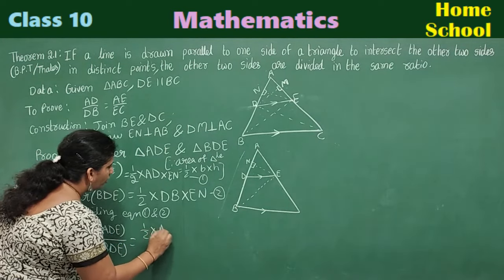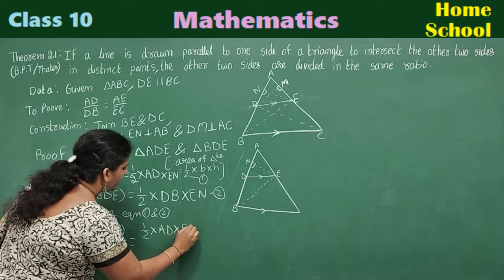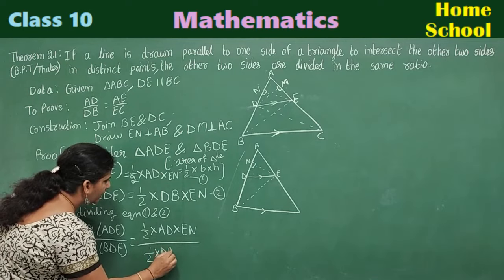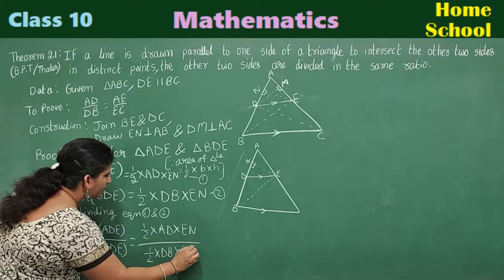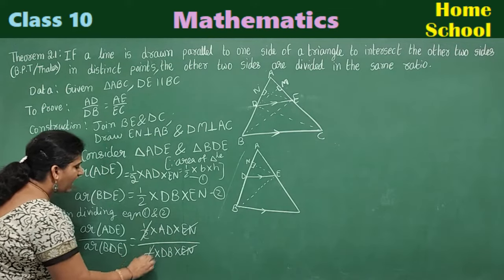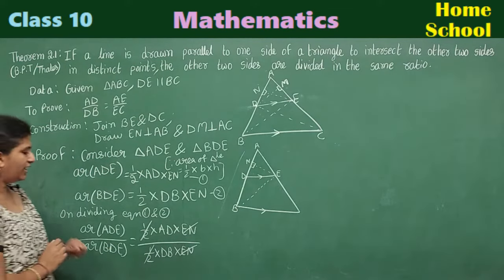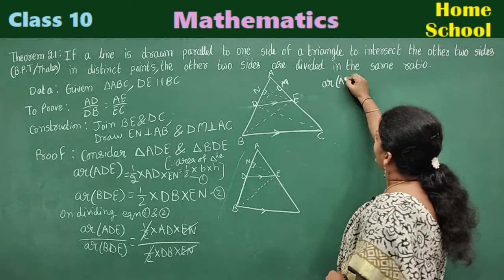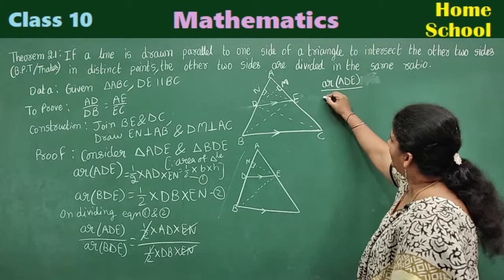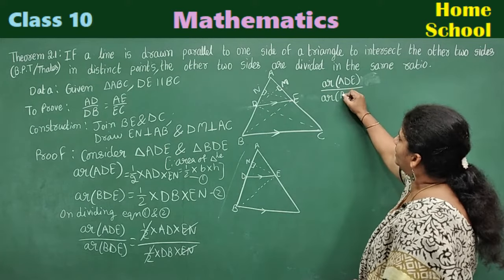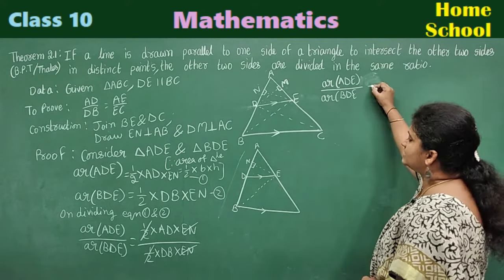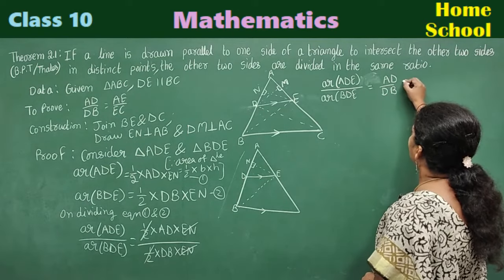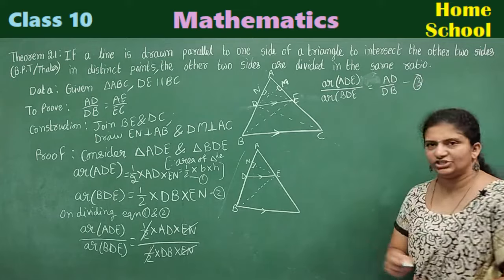Half into AD into EN by half into DB into EN. EN cancel, half will be cancelled. You are left with area of triangle ADE by area of triangle BDE is equal to AD by DB. Mark this as third equation.